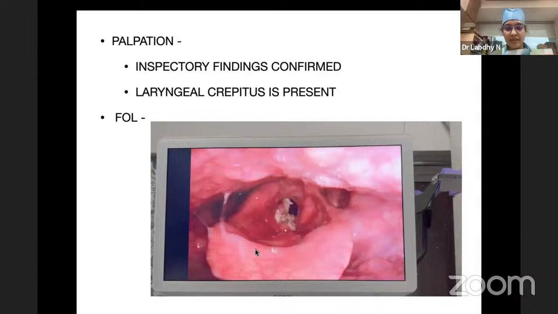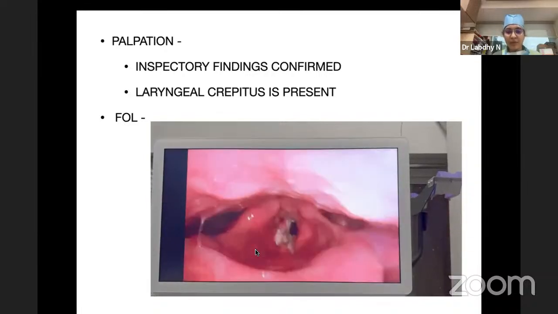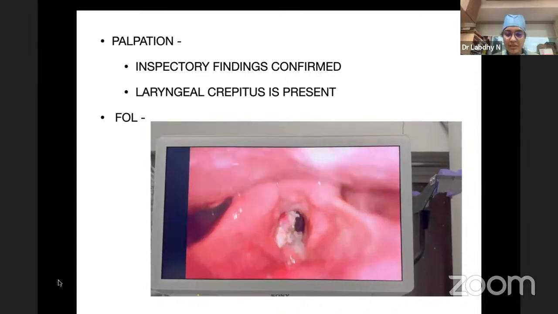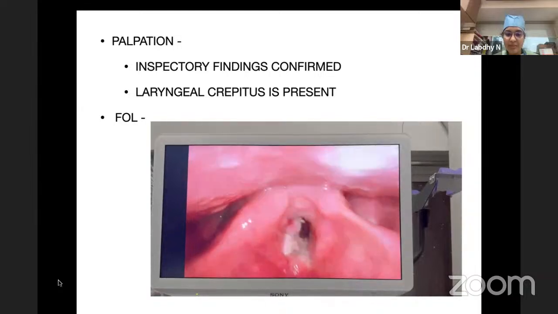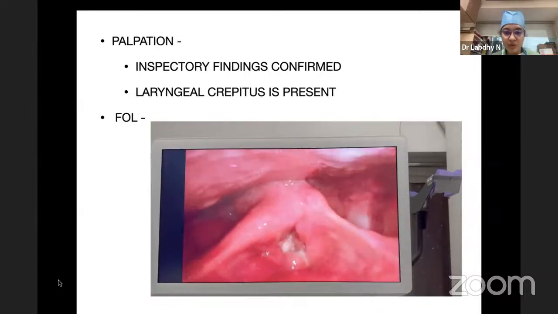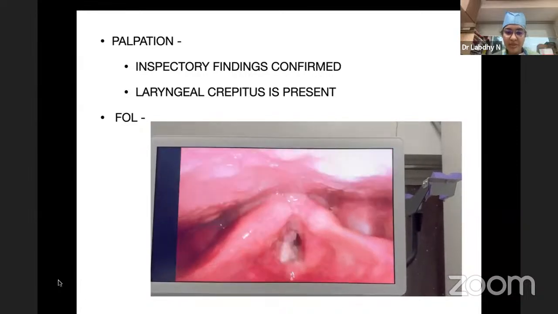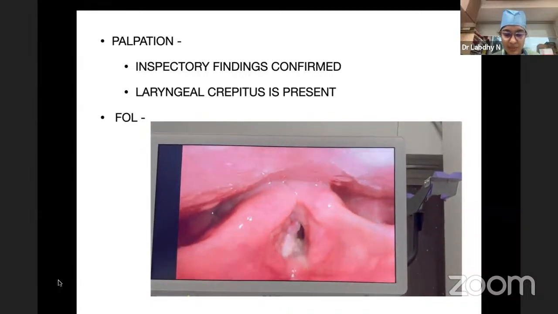We've done a fiber optic laryngoscopy for the patient. The findings I'll be showing. On fiber optic laryngoscopy, we can see there is an ulceroproliferative growth epicentered over the right true vocal cord, which is involving the entire vocal cord from the anterior commissure just short of the posterior commissure.